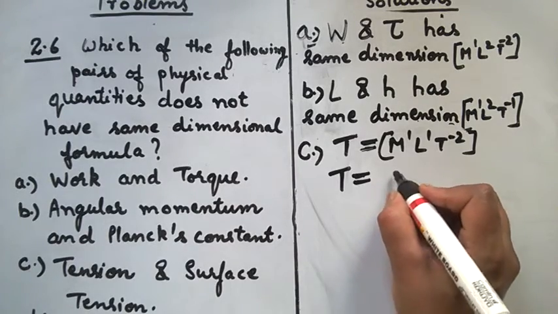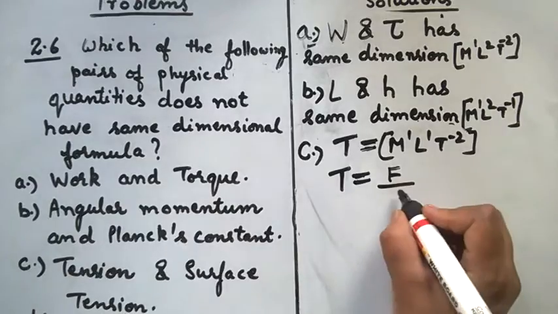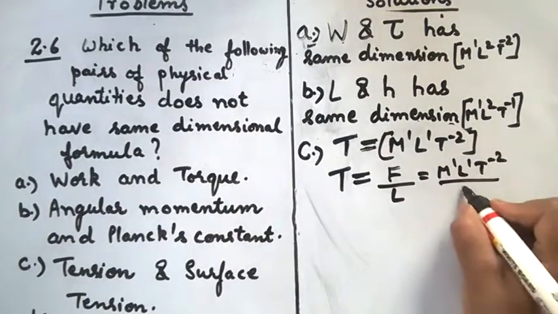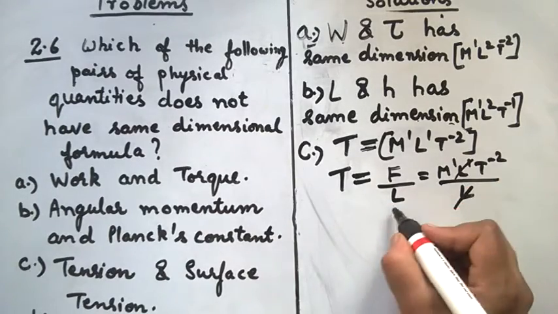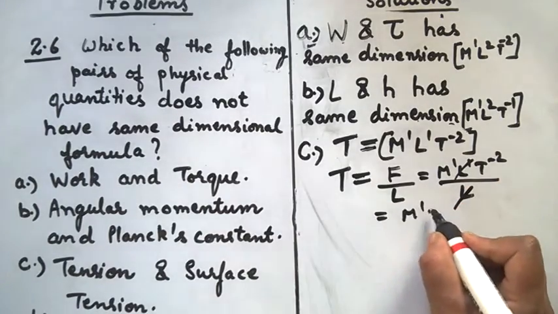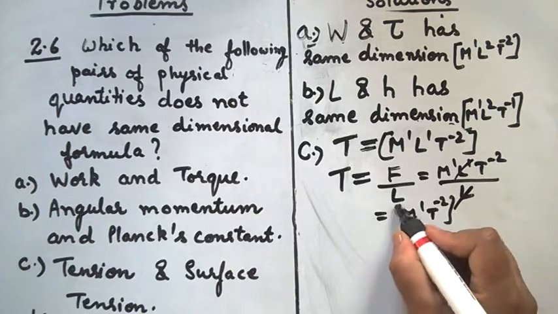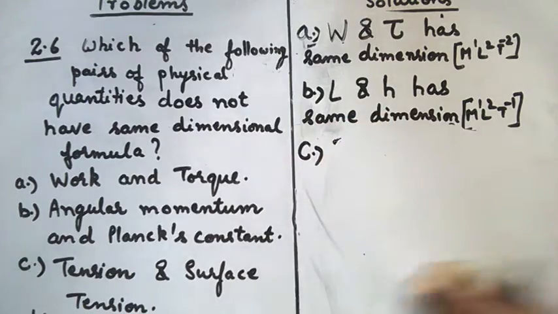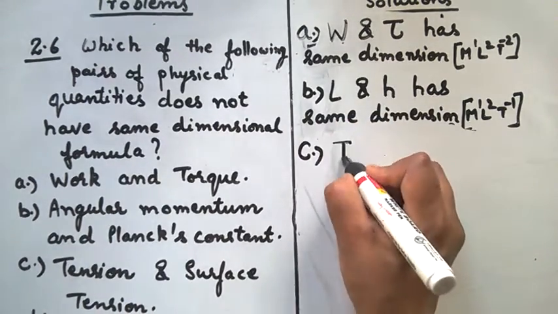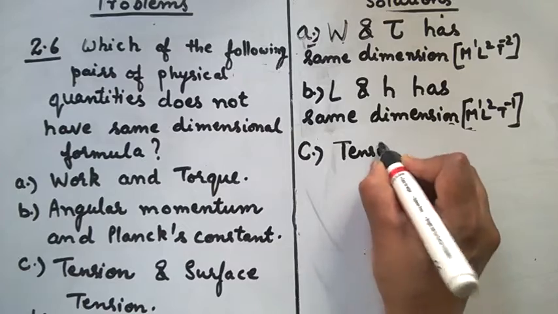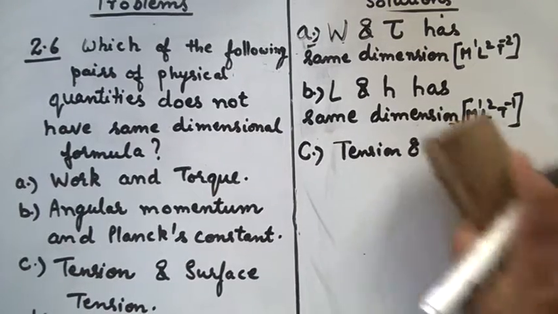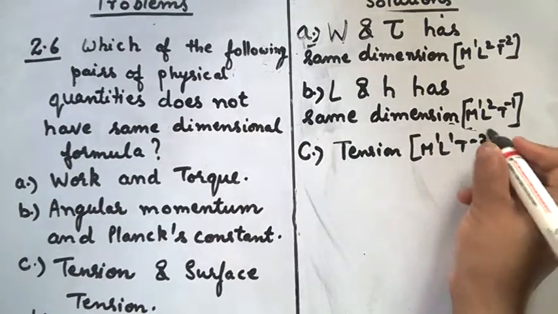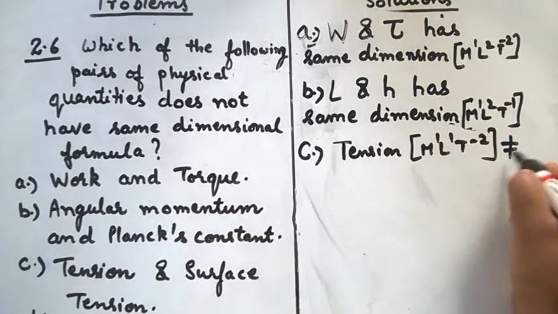It is given as force per unit length, that is m1 L1 T minus 2 by length. So the formula of surface tension is m1 T minus 2. Tension is not equal to surface tension.